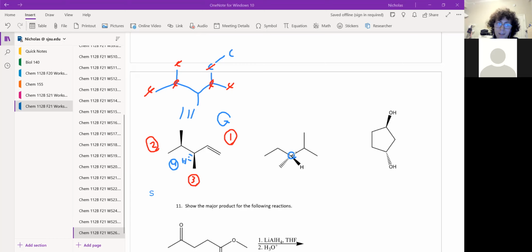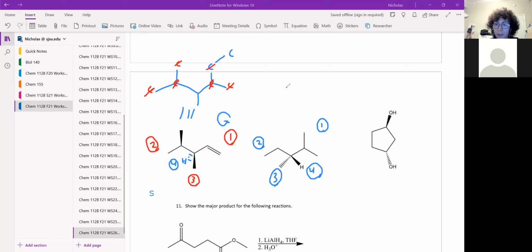How about this next one? What's going to be priority number 1? Right side, yeah, the isopropyl group. And then what's going to be number 2? The left side, the ethyl group, yeah.